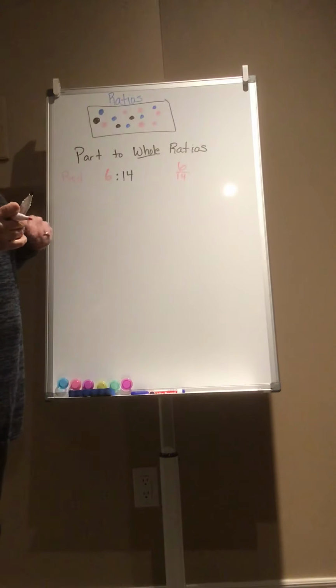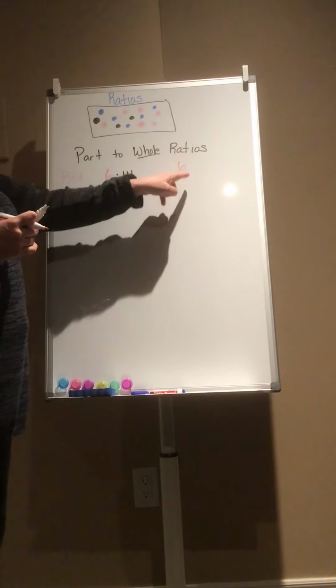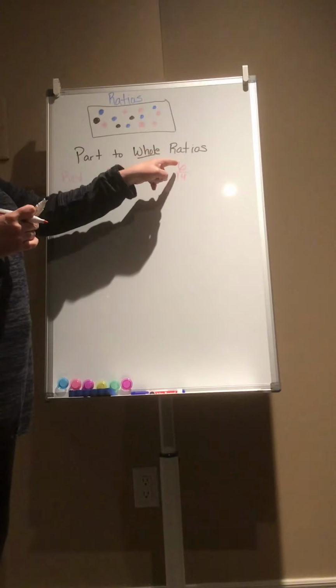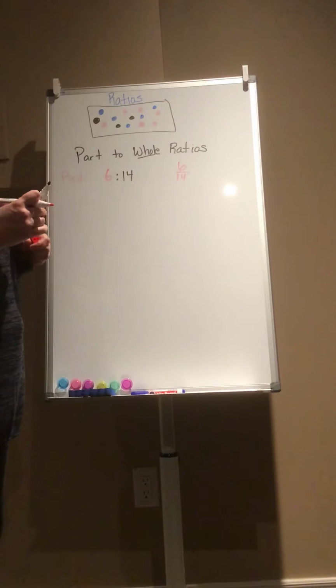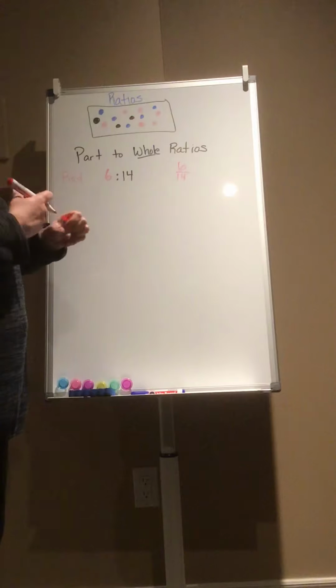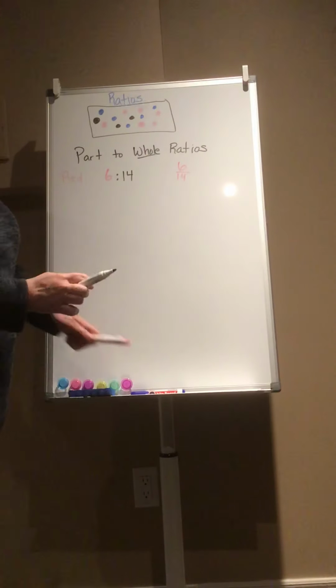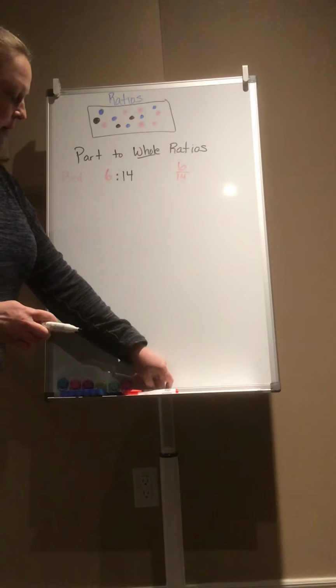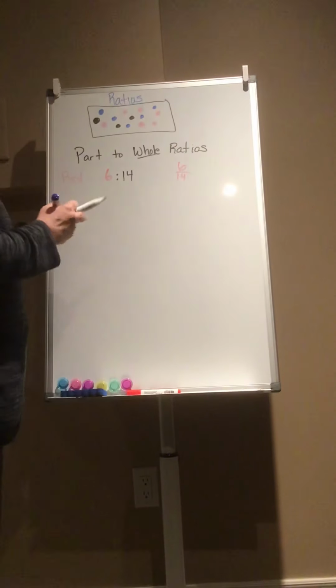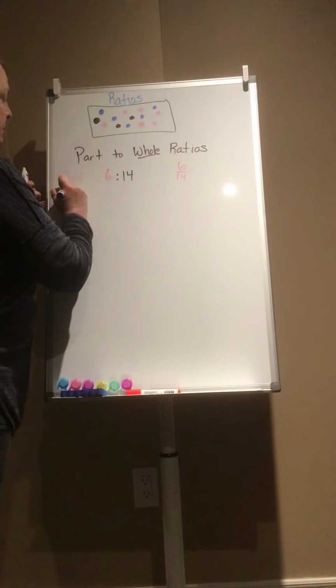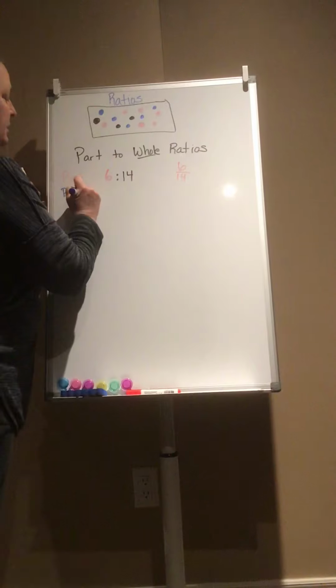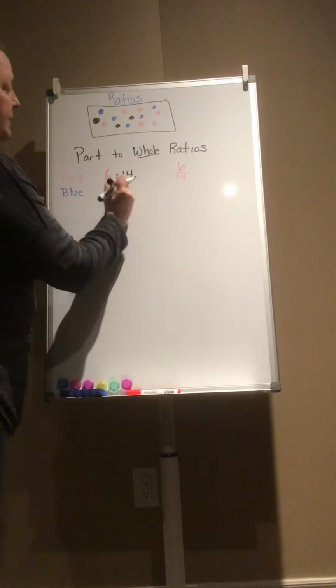If we had a chocolate bar in 14 pieces, that's the whole. You're getting 6 pieces, that's the part. If I wanted to look at the blue, I do the exact same thing. My whole has remained the same.